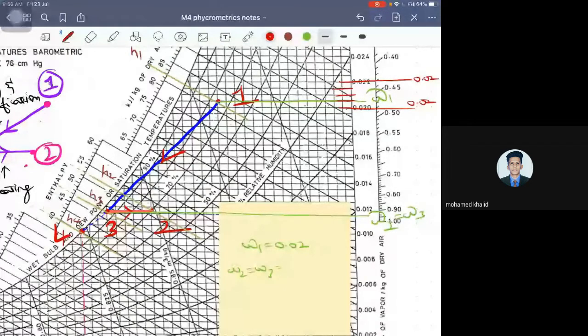So now what you do is 0.02 plus (0.022 minus 0.02) divided by 4. So one division you have to add. This would give you the exact value.